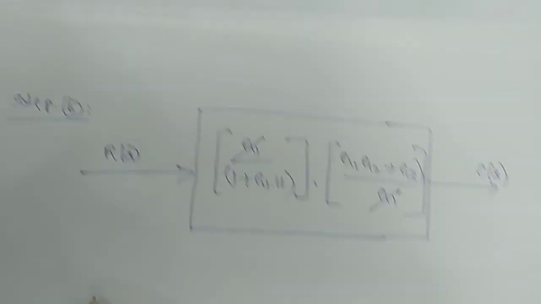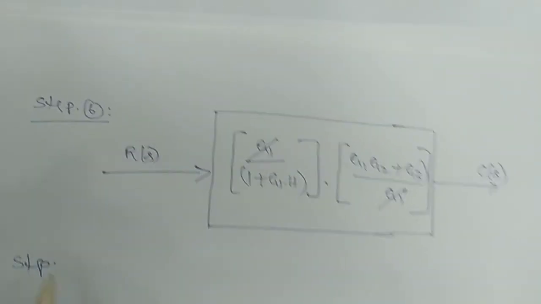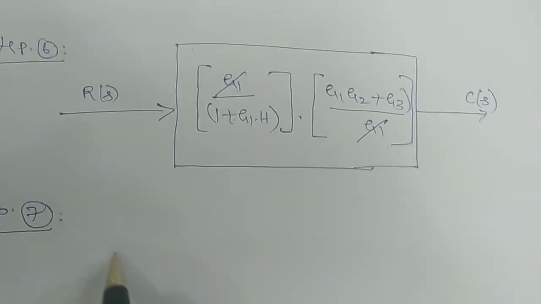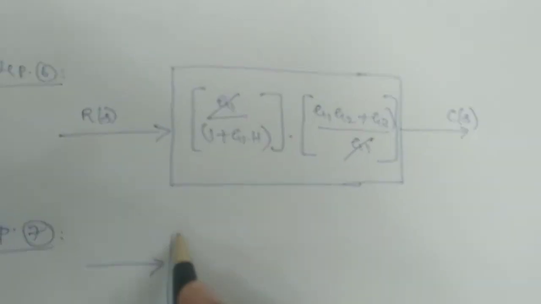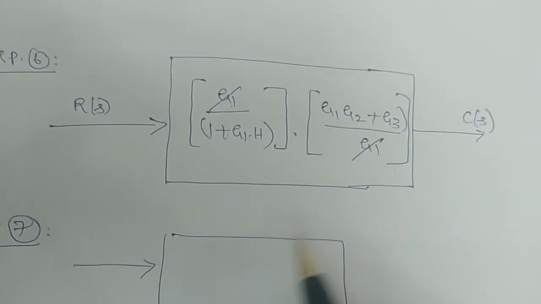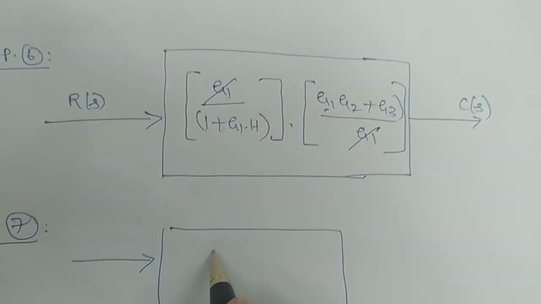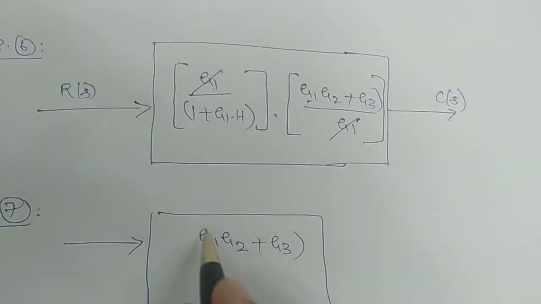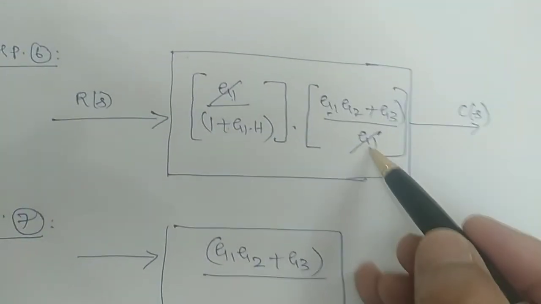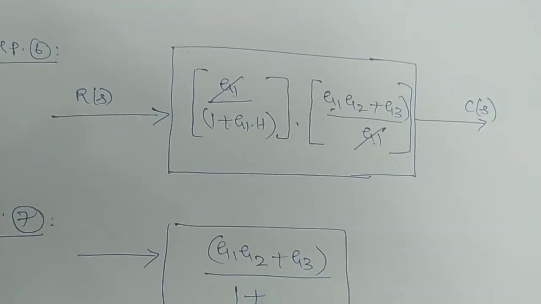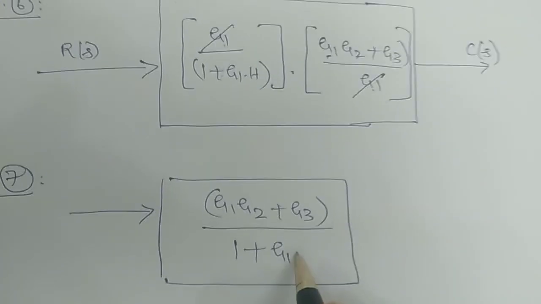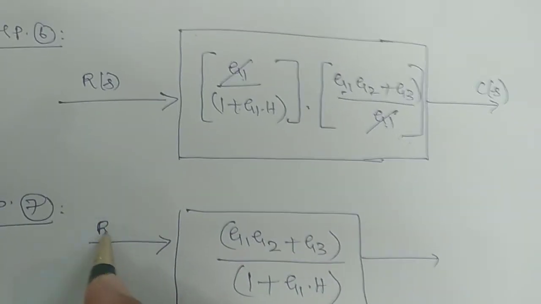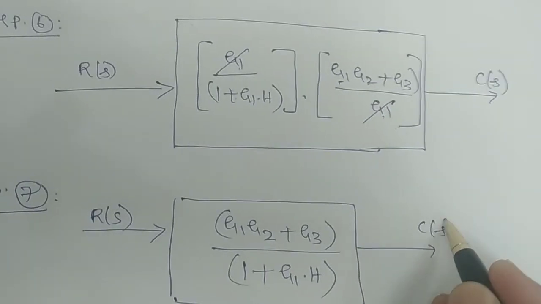Therefore what remains in step number 7 is G1 G2 plus G3 in the numerator, and in the denominator it is simply 1 plus G1 into H. This is your R of s, this is your C of s.